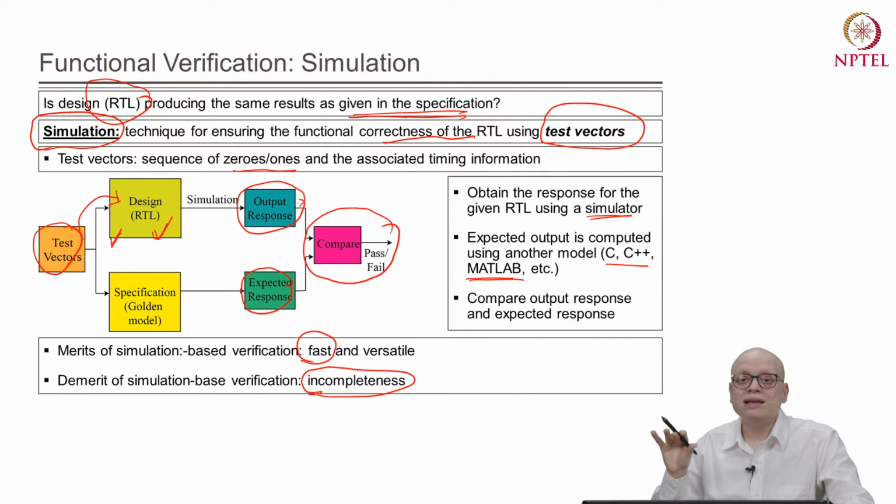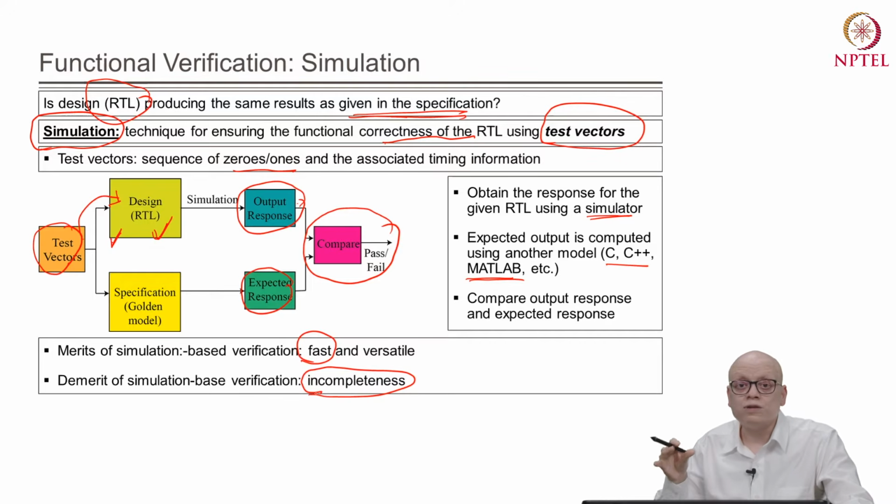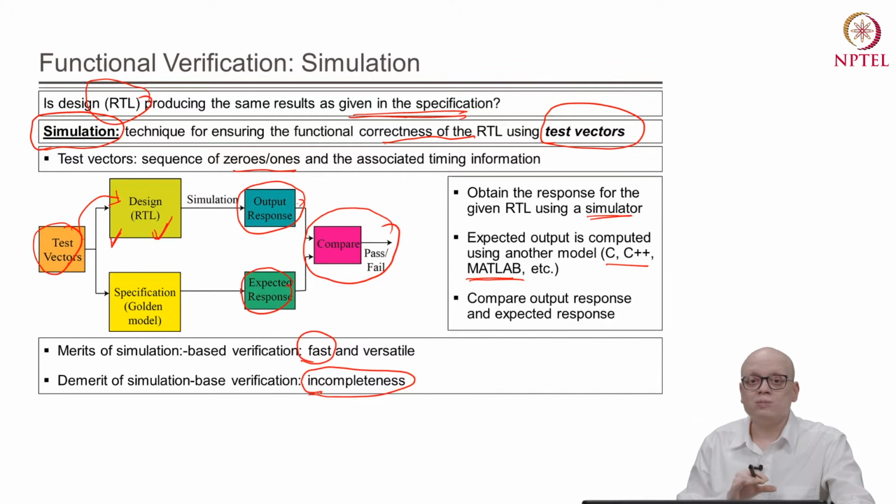There may be some corner cases which we simulate, or a brittle area where some errors can be, or some area of our code where lots of computation is done and which is more vulnerable to bugs. So we choose the area where we want to simulate, and in that sense, functional verification using simulation is incomplete.